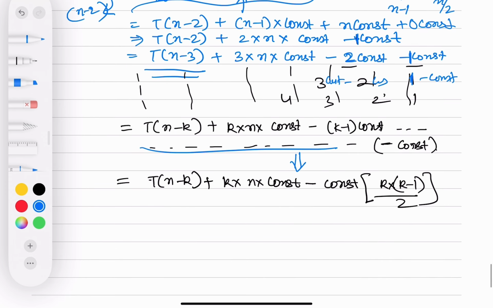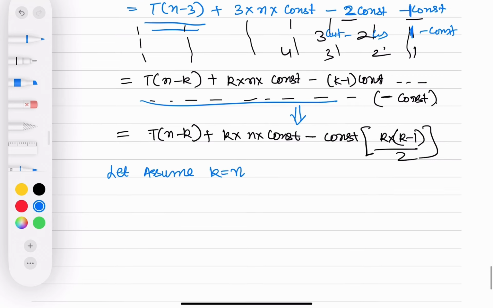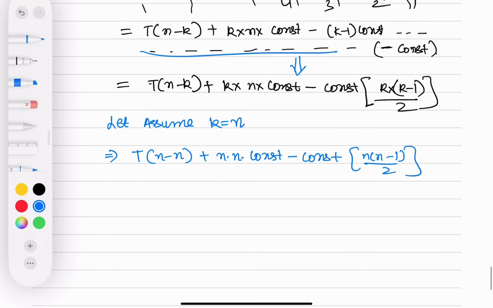So in this case, let's assume k equal to n. If you assume k equal to n, what you will get? You will get T(n minus n) plus n into n into constant minus constant into n into (n minus 1) by 2. So from this, what you will get? T of 0. T of 0 is 0. If you don't have any element, you don't need any time.